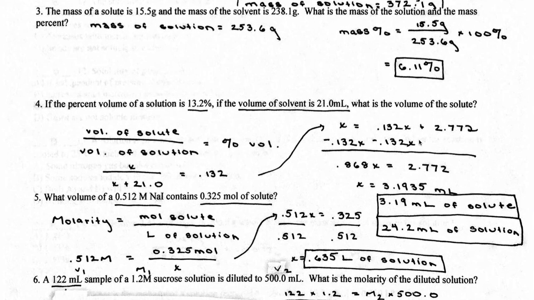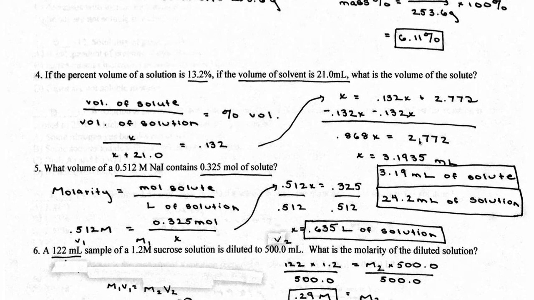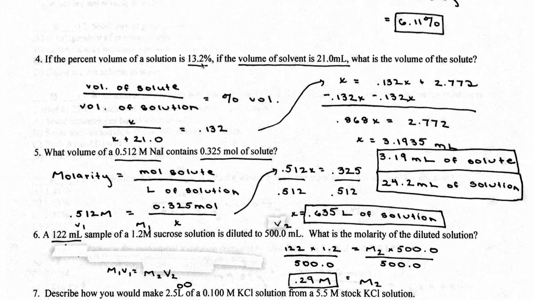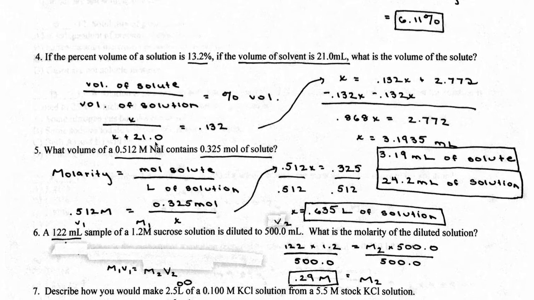For 4, percent by volume, same formula as percent by mass, except I'm dealing with volume. So volume of the solute divided by volume of the solution, multiplied by 100, and that gives me my percent. So in this case, I tell you my percent, so I'm going to move the decimal place over 2 places again, right? I don't know the volume of my solute, so that'll be X divided by X plus 21.0, which is the volume of my solvent.